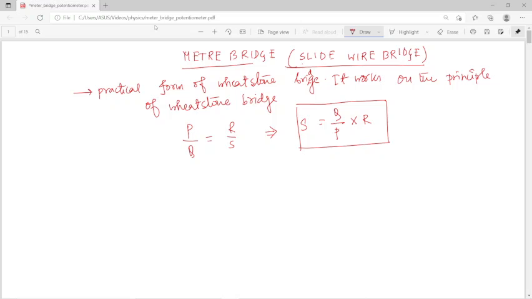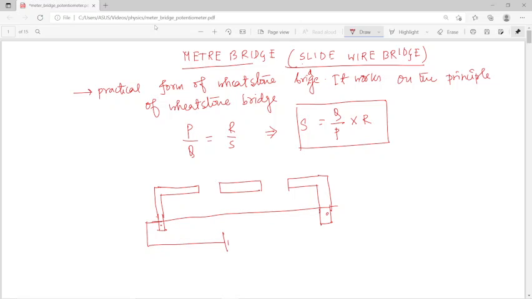That means if I try to draw the diagram, that is the corresponding diagram. A 1 meter wire is connected like that, and the battery is connected like that.